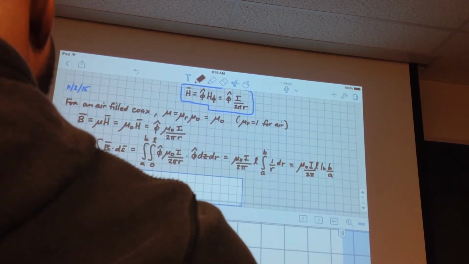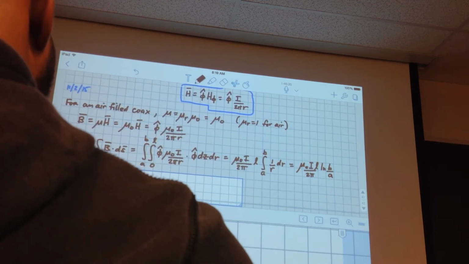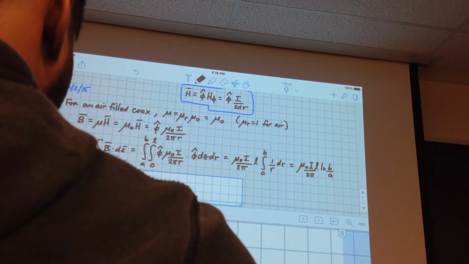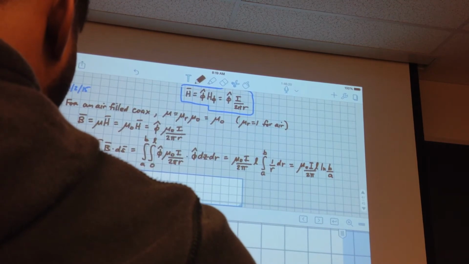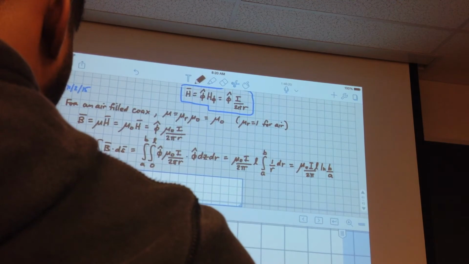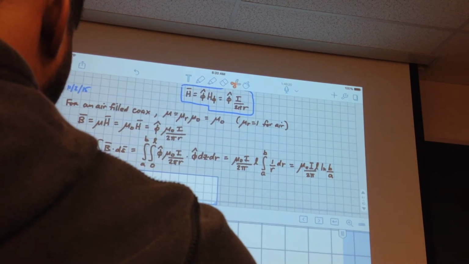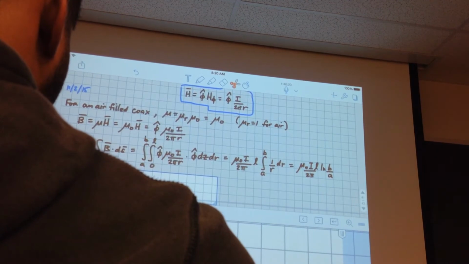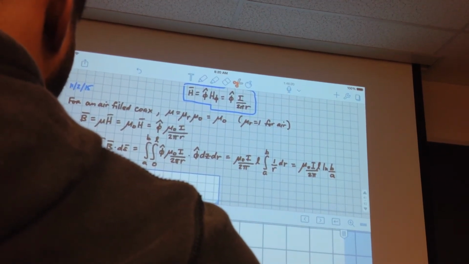The inductance is a characteristic parameter of your materials and geometry again, and it should not depend on the current that's flowing. Just like capacitance, it just depends on the geometrical parameters, L, b, and a, and the material parameter.